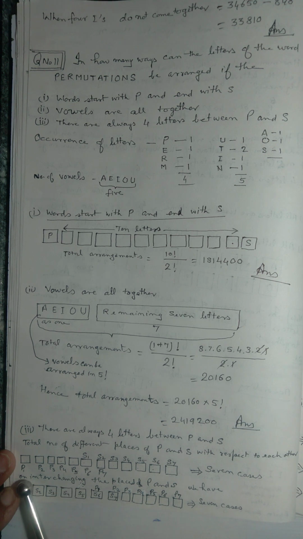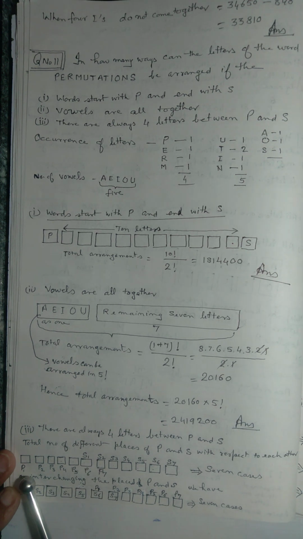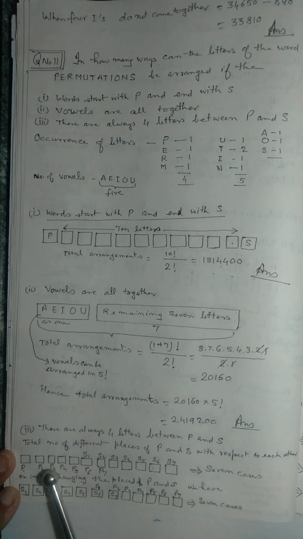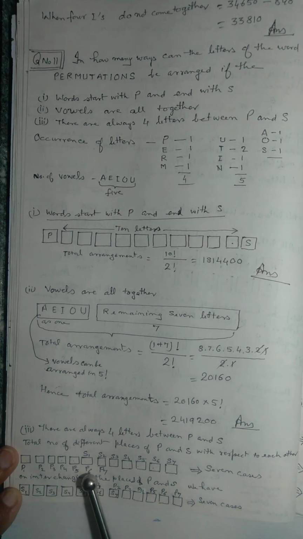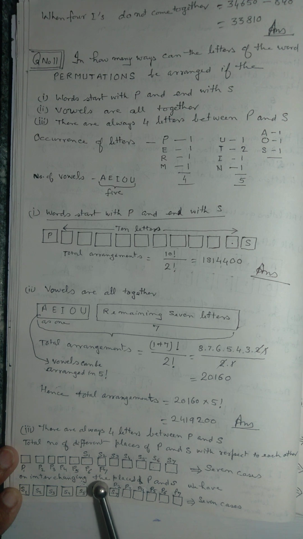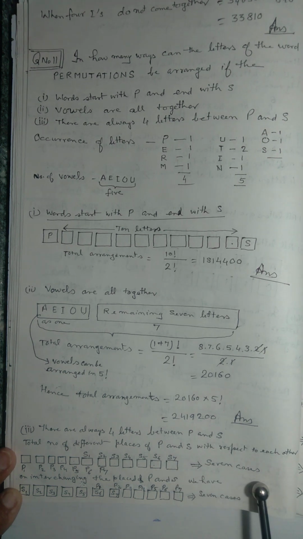Means S1. P1 and S1 are one of the matchings of P and S. Again P2 and S2. There are 4 gaps in between P2 and S2. Similarly, there are 7 places for P and 7 places for S. So 7 cases are there.